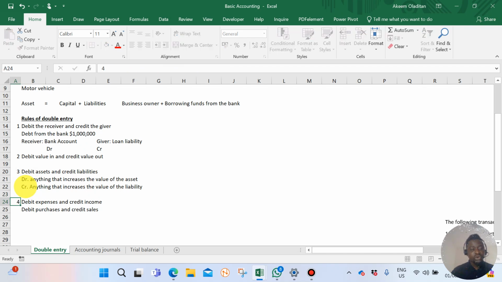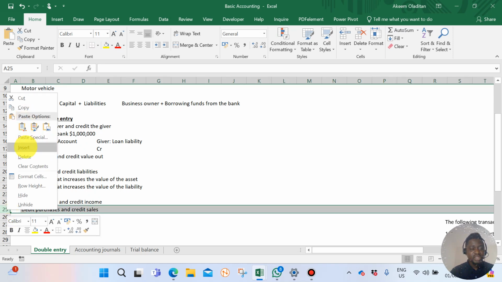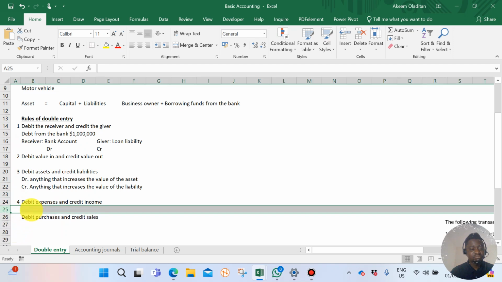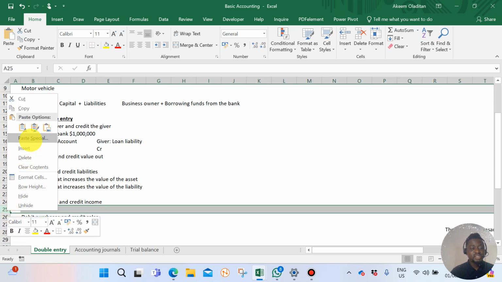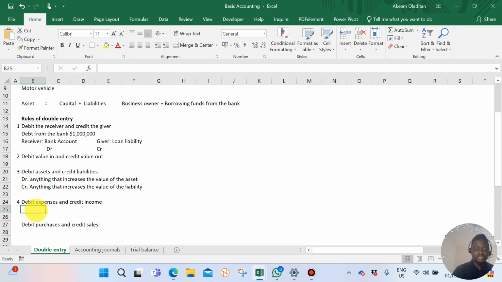So the fourth one of the rule is when you have expenses, expenses like maybe stationery, or maybe you paid for electricity, you debit expenses.